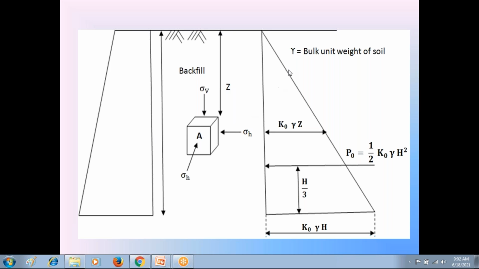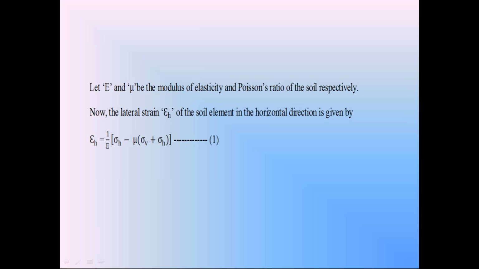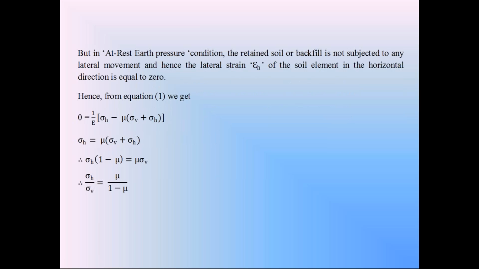Coming to the derivation of sigma h in the rest condition, that is important for us. We are going to discuss the equation of horizontal earth pressure sigma h. Please everyone check this derivation. Just now we discussed that in the at rest condition sigma h by sigma v is equal to mu divided by 1 minus mu.